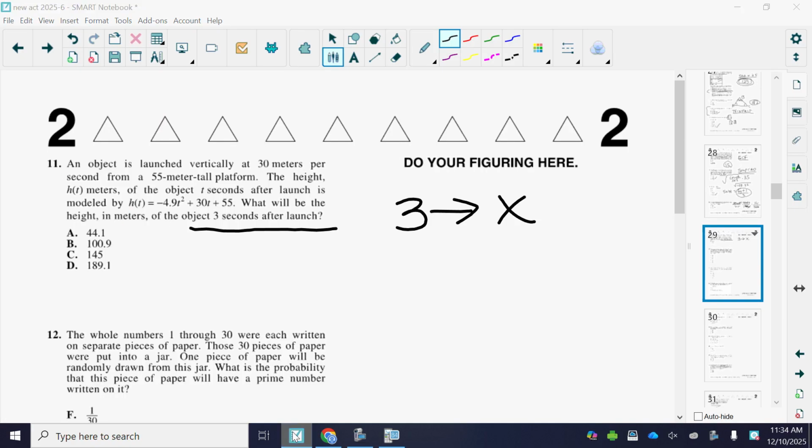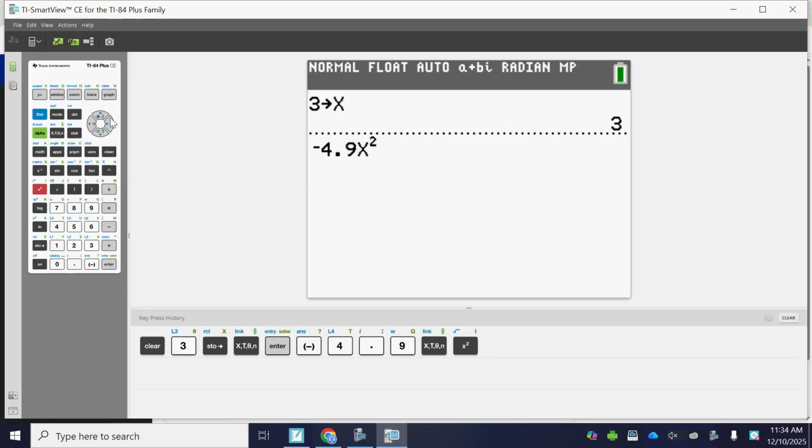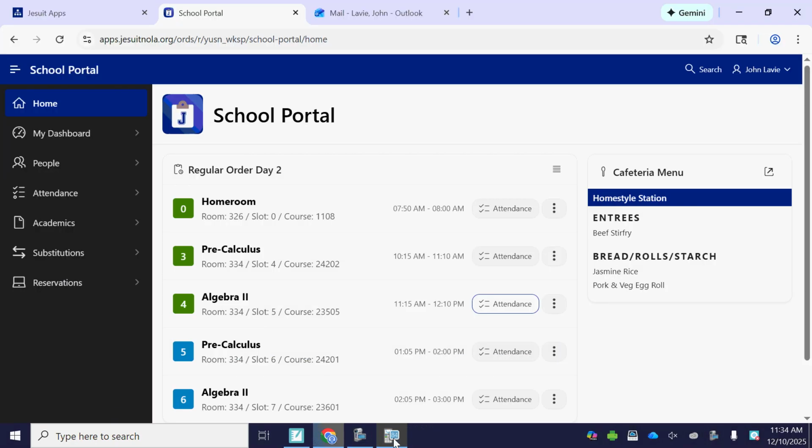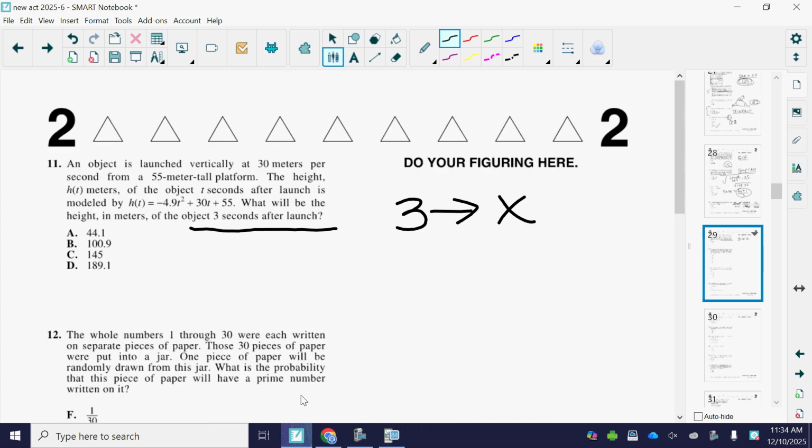Have to keep switching back. Plus 30x. And what was the last thing? Plus 55. So it does it to you right away. That's how you plug in. It's 100.9, easy cheesy, easy points. The answer is B.